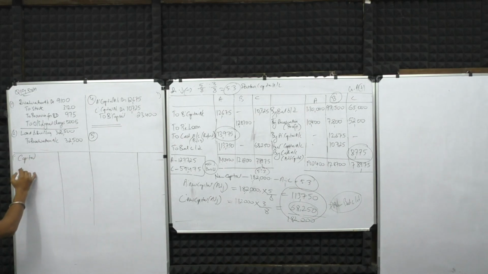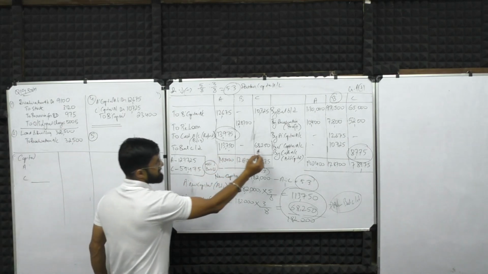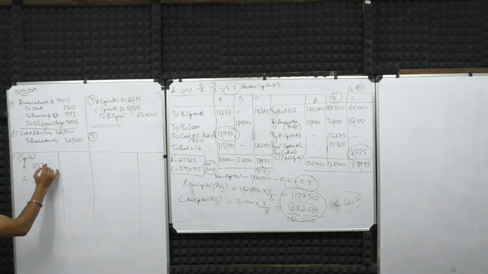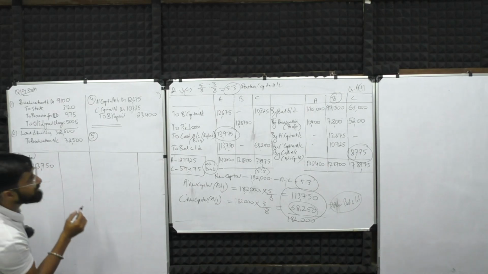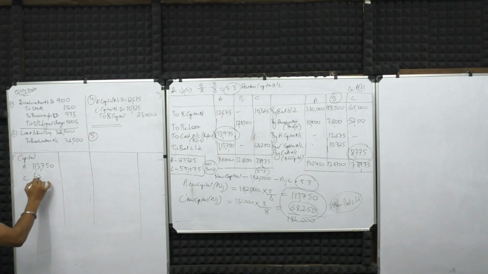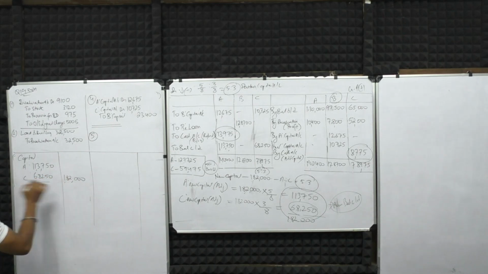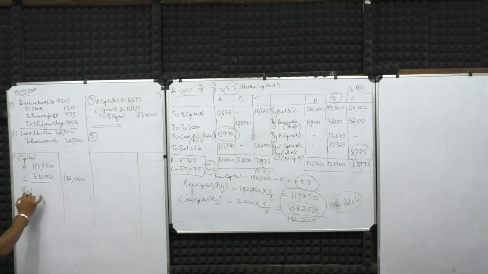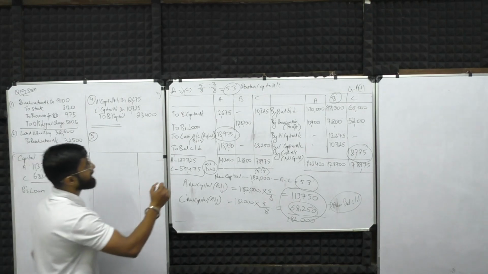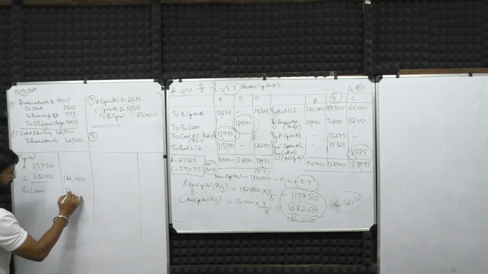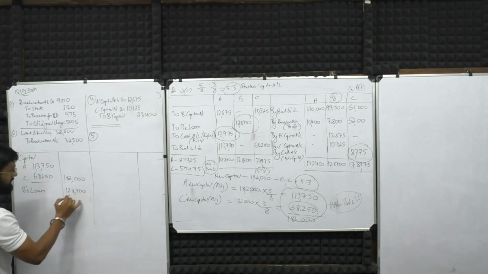Capital to NC. The other balance 113,750. 68,250. A total of 1,82,000 and then base loan. Base loan here is 128,700. Easy.